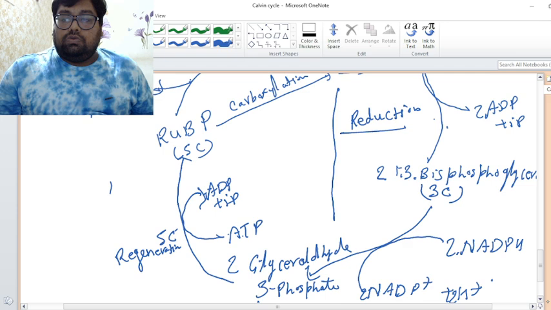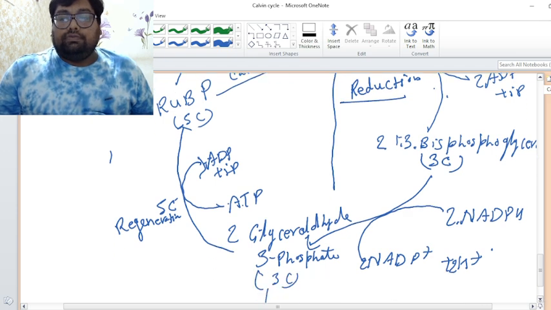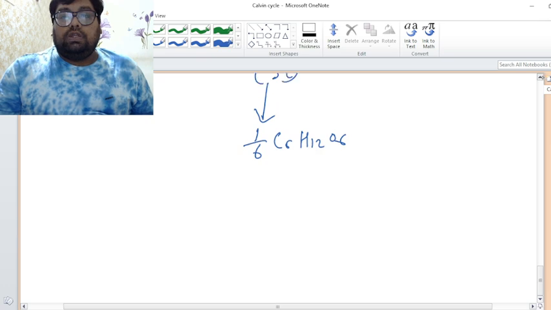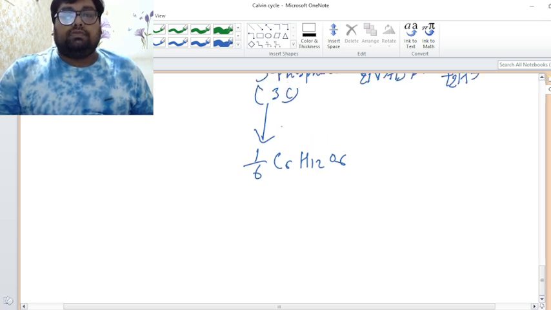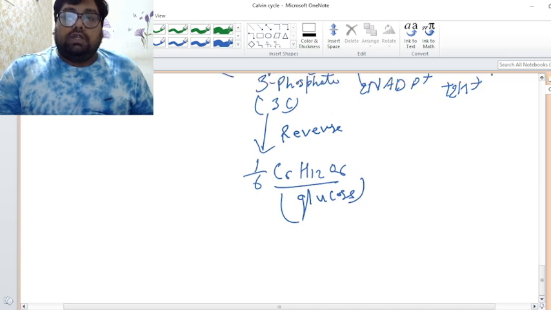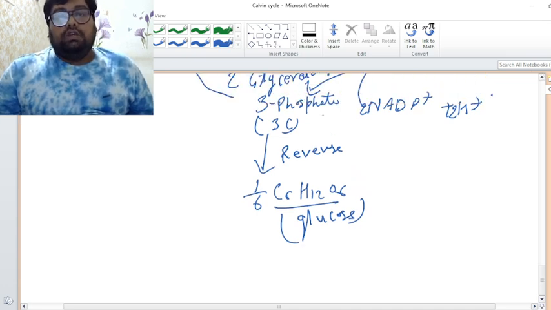Now we can see there is a reverse glycolysis, and after reverse glycolysis, a 1/6 part of glucose formation occurs. How is it formed?